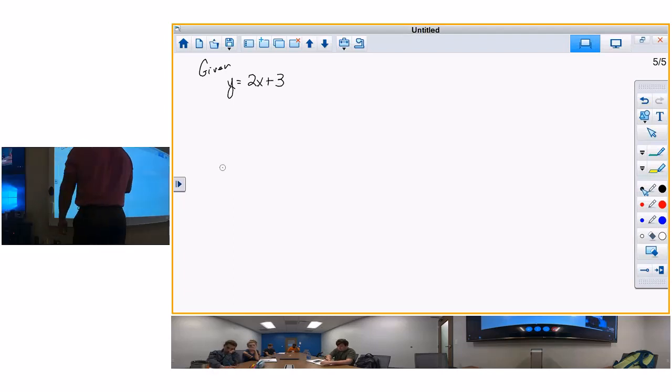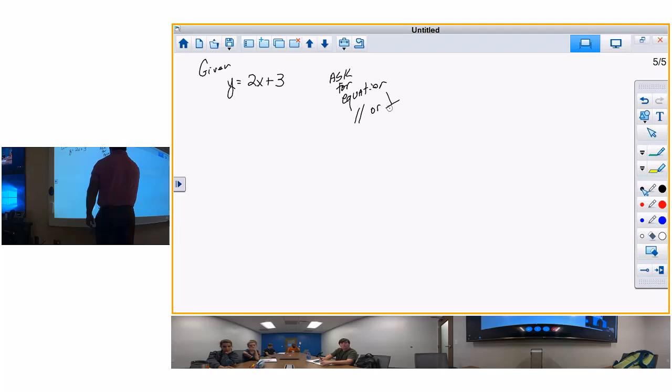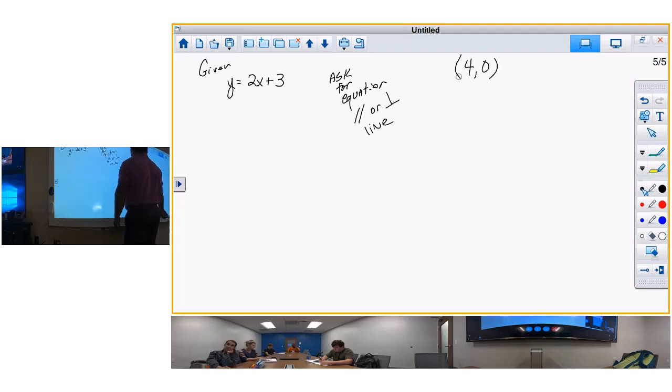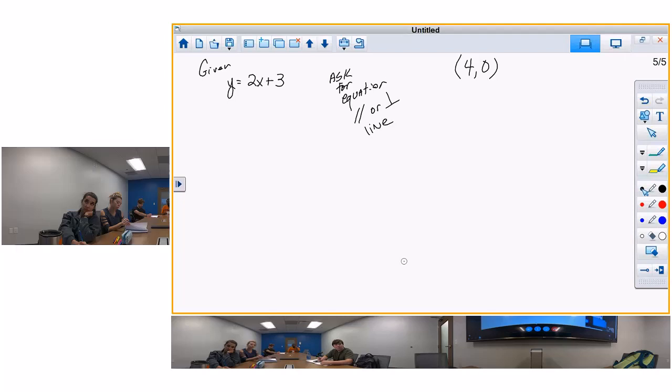They're going to ask for the equation for the parallel or the perpendicular line that goes through the point 4, 0. Okay, that's what they're going to give you.